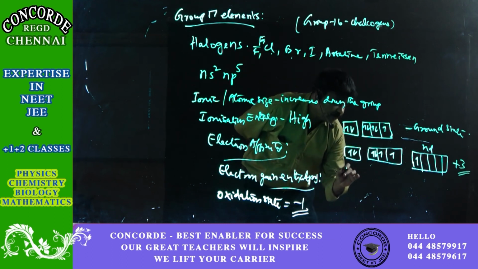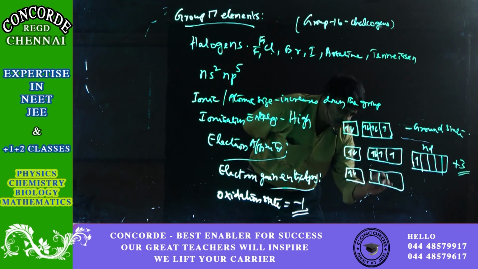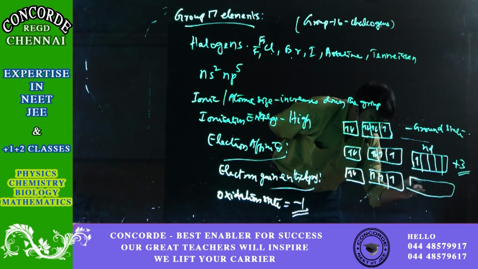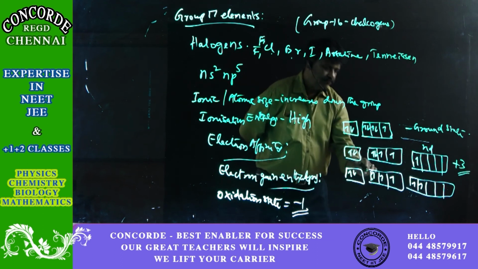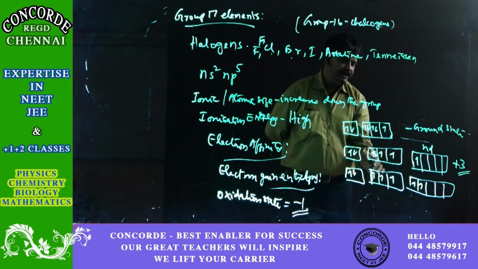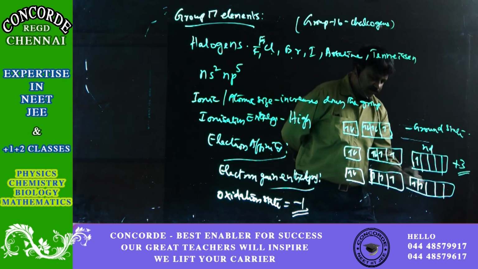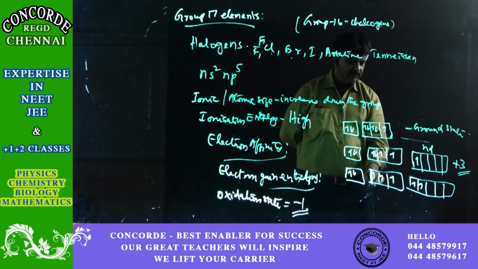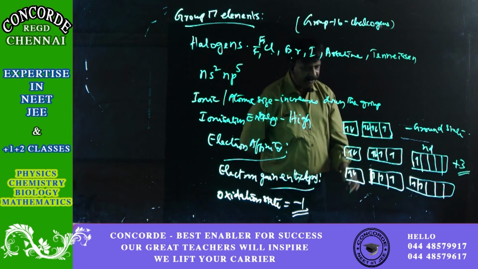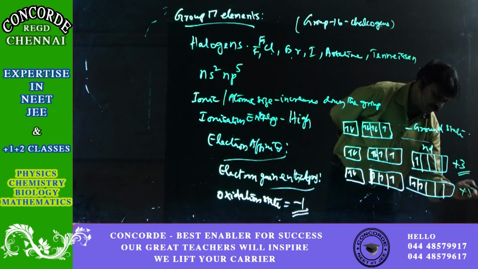And if it is further excited, this is also getting unpaired, so that a total of 5 unpaired electrons are there. So from 3 it becomes 5 unpaired electrons. So this accounts for the +5 oxidation state.